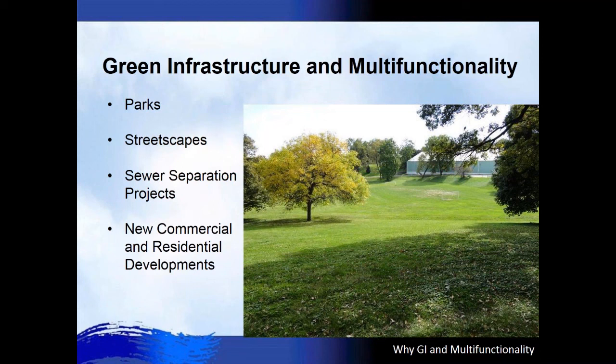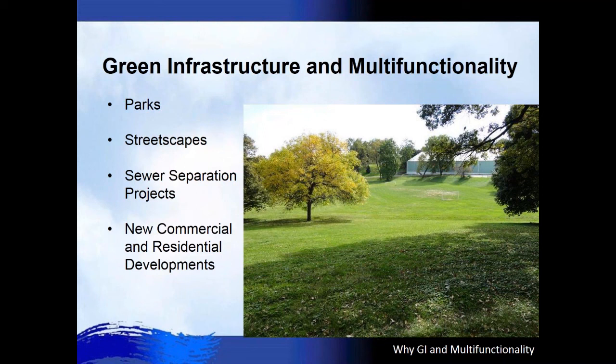streetscapes are also public areas as well, and when green infrastructure is adjacent to drain inlets within streetscapes, that's convenient and helpful. With sewer separation projects, I've done several of those, and they require expansive areas of streets to be removed and replaced, and often a cost-effective opportunity comes when you replace those streets with some portions of green infrastructure.